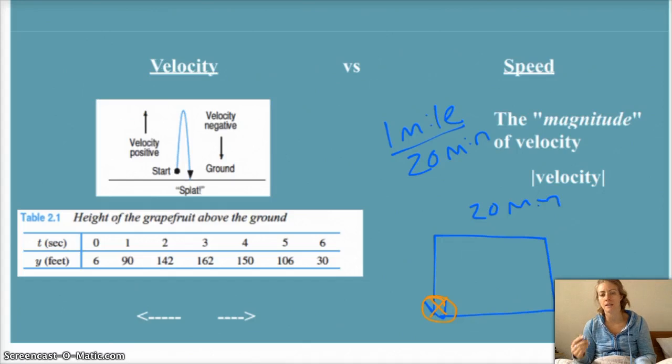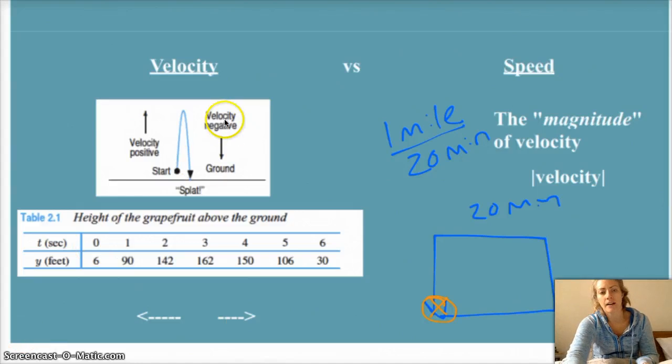Speed does not. Speed is about the distance that you traveled. Velocity is about the position change. Like, did I go from my room to Mr. Hannon's room, or did I go from my room to Mr. Hannon's room and back to my room? In which case, I have not moved at all over that amount of time.